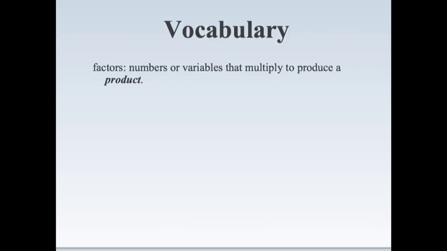Okay, so factors, this is a word you've used before. Here we see a slightly broader definition because we're talking about numbers or variables that multiply to produce a product or to produce a number. So for instance, if I had 3x times 5, we know 3x times 5 would be 15x.